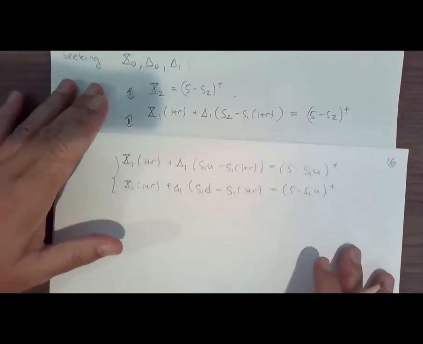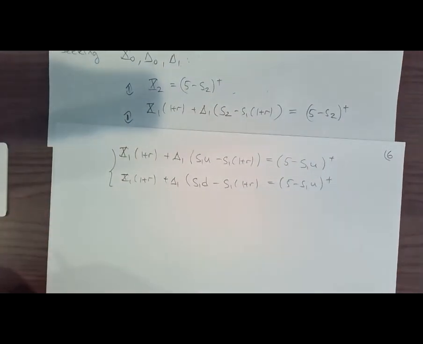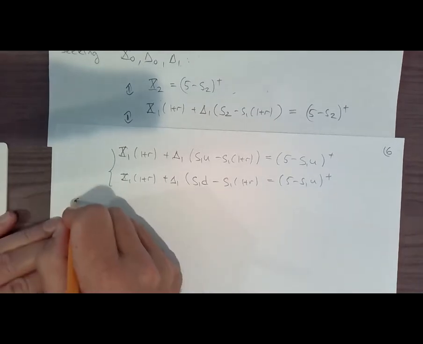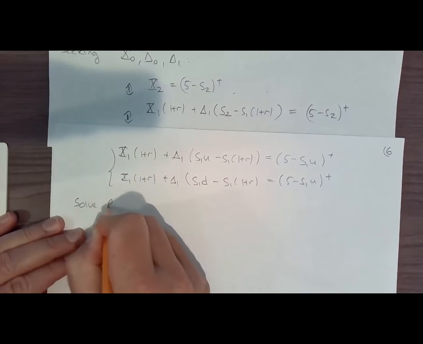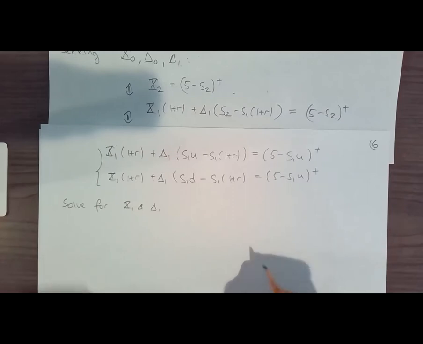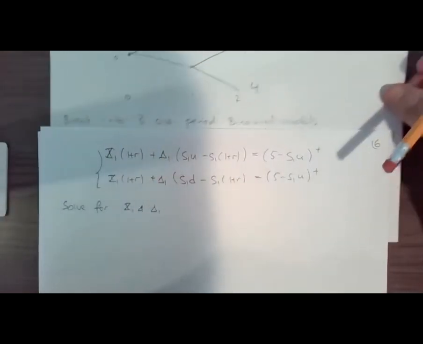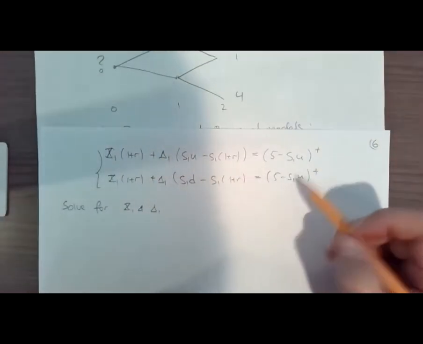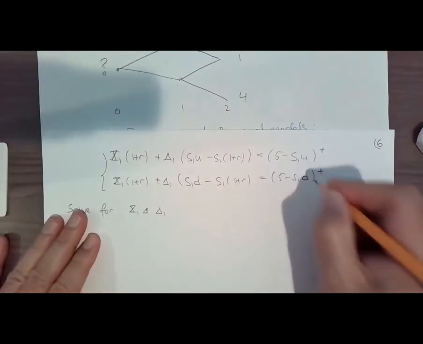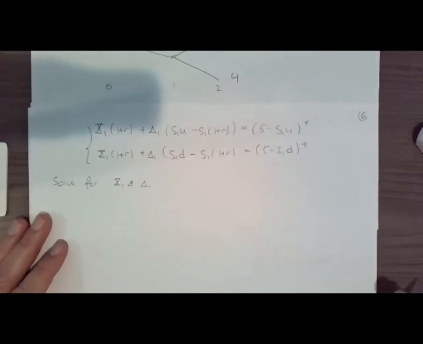So now we have two equations and two unknowns, and we can go ahead and solve. So we can now solve for these. Was there a question? Yes, for the second equation, why is it equal to 5 minus S1U? Okay, it is not, it's a typo. It should be D. Thank you.